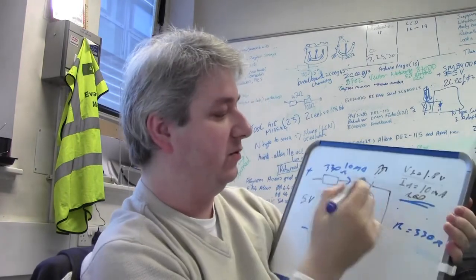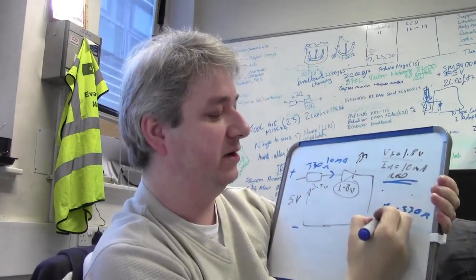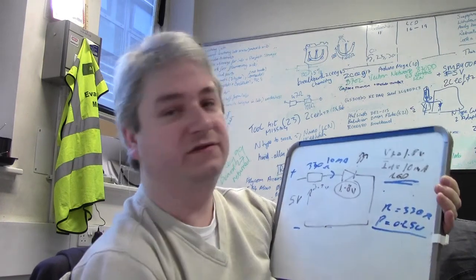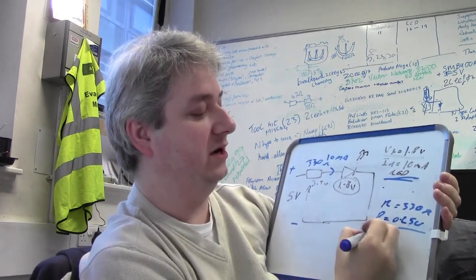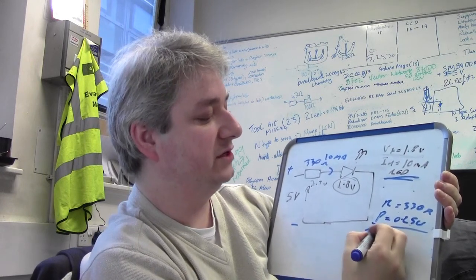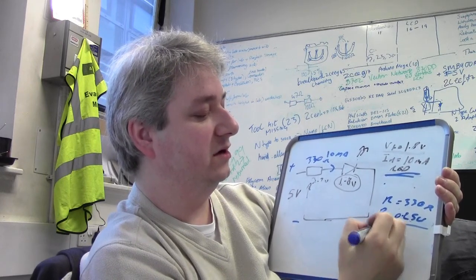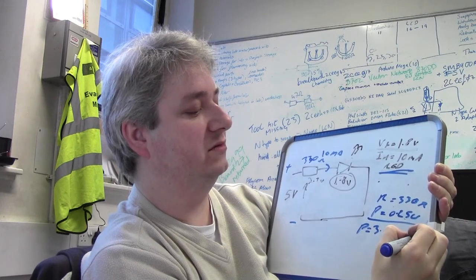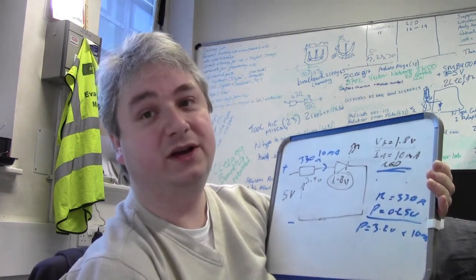Anyways, power. Is a power rating of 0.25 watts sufficient for this? Well, the power dissipated from the resistor will be 3.2 volts multiplied by the current. Power equals VI.